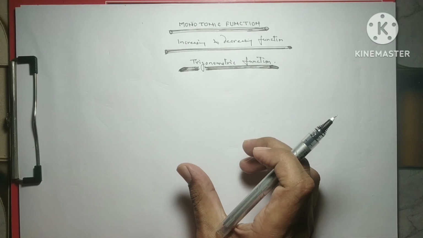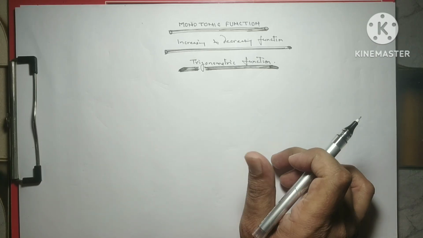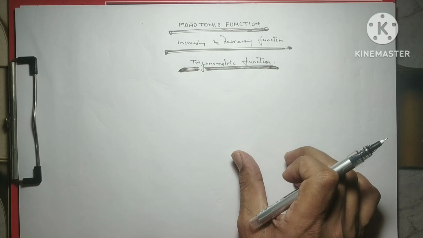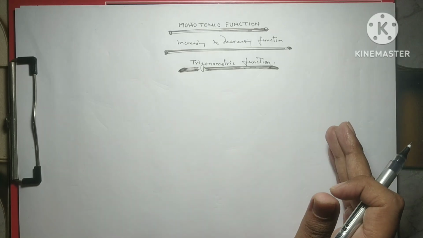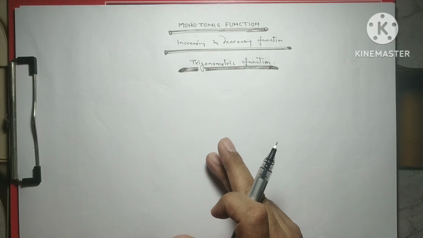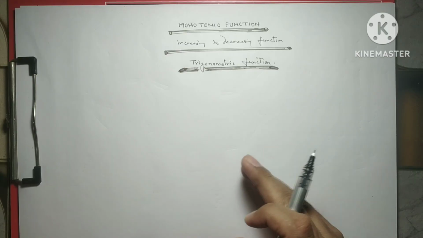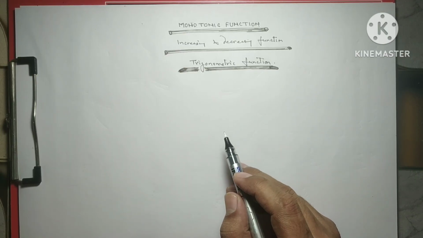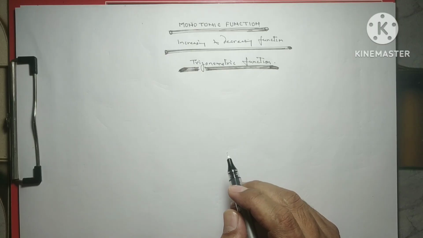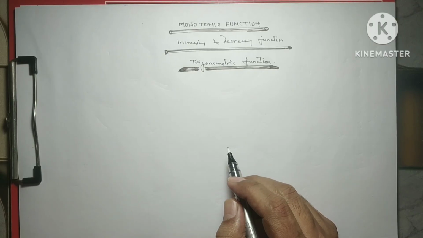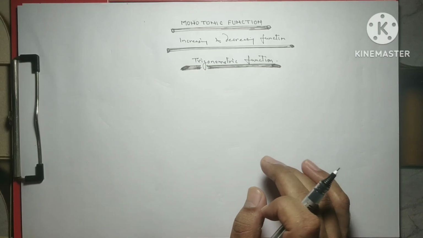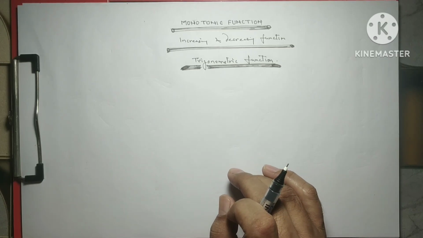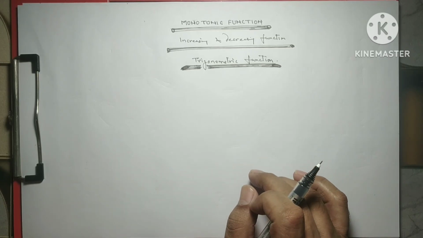We will break the intervals and try to find on which interval the given trigonometric function is increasing and on which interval it is decreasing. The working rule is the same. First we will differentiate the function. We will get the first derivative of the trigonometric function, put in any value between the subinterval, and check whether f dash x is greater than 0.